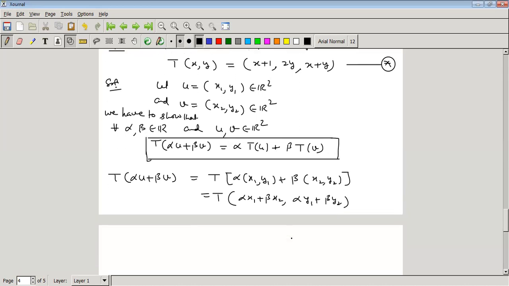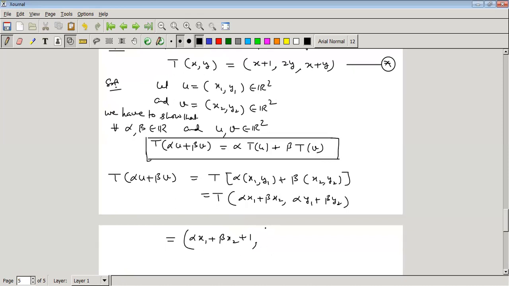Now you make the use of equation star. This is alpha x1 plus beta x2. This is the first coordinate, right? This is the first coordinate and this is also the first coordinate. So what is the output? First coordinate x plus 1. So alpha x1 plus beta x2 plus 1. So this is the first coordinate.